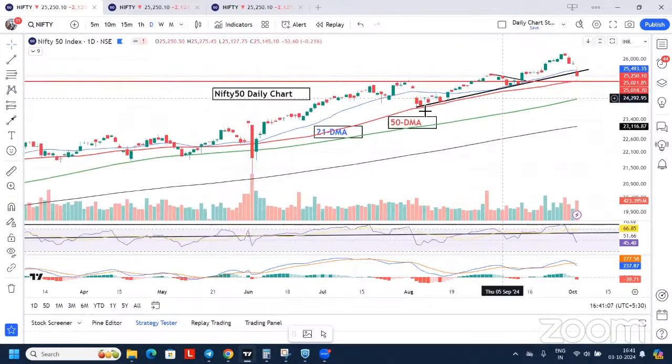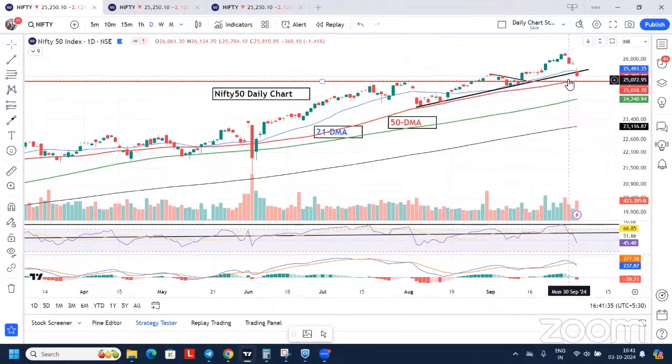As I said, from the August low there were a couple of bounces in the last sessions, but this time it didn't take support from that level. So today it has breached that level, and the next support will be around 24,900 to 24,800, which will be the key support area for Nifty 50.